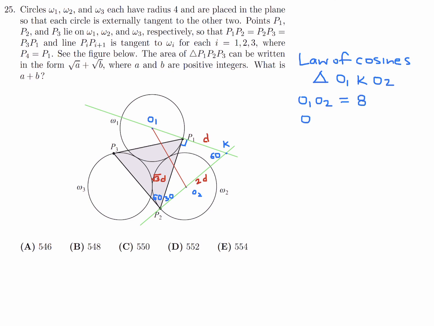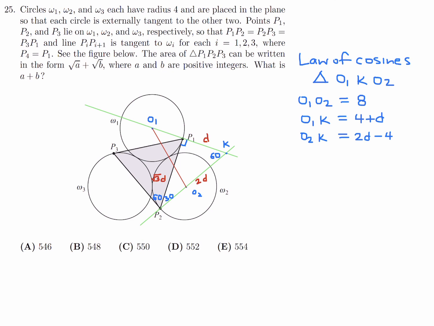The next side of that triangle, O1 to K, from here to here is the radius, which is 4, and from here to here is D, so it's 4 plus D. And then the other side, O2K, this whole distance from there to there is 2D, and this distance is 4, so it would be 2D minus 4.